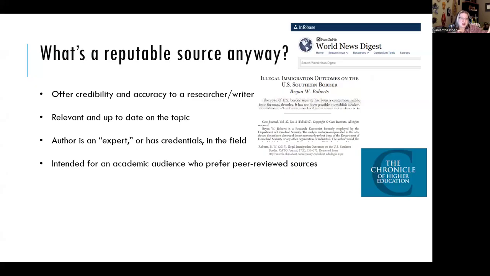They will send this to, say, 10 or 12 other English experts that have expertise in this area, and they're going to read it and analyze it. They're going to tear it apart to make sure that I know what I'm talking about, that it's well written, it's well researched, that I don't have any grammar errors, all of those kind of things. They are going to make sure that it is worthy of publication. That is peer reviewed. They are literally reviewing it. And as a collective, they will determine whether or not it should be published.